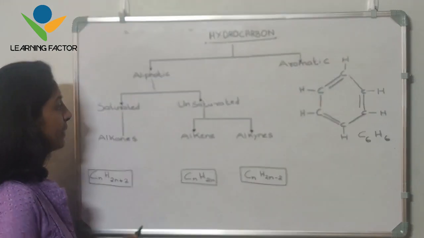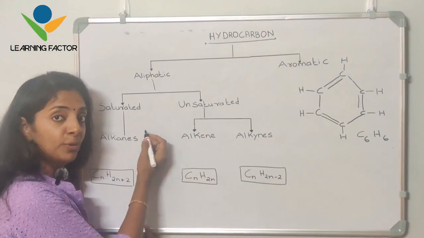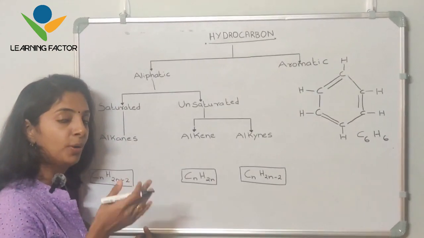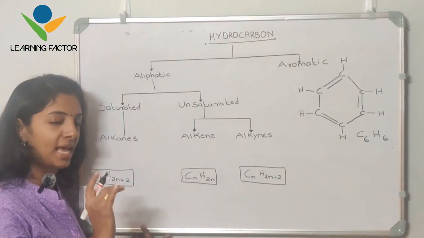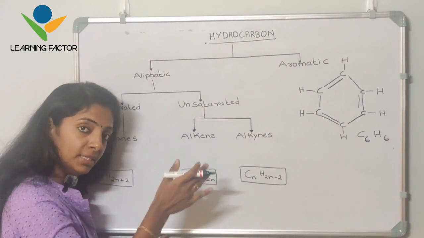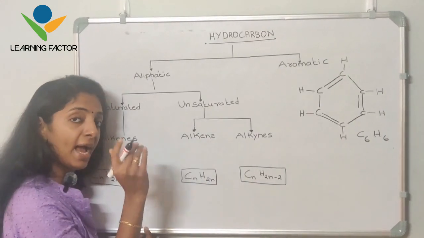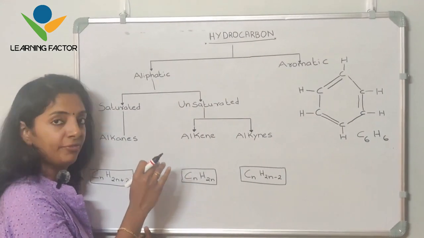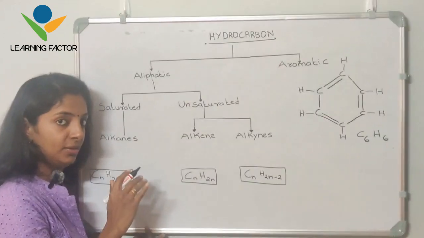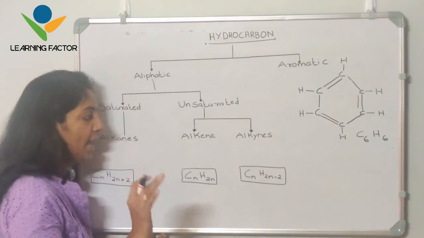Saturated means in saturated compounds we cannot add anything. It has single bonds. But in the case of unsaturated, we can break the bond and add a functional group. So saturated means we cannot add anything, and in unsaturated we can add.